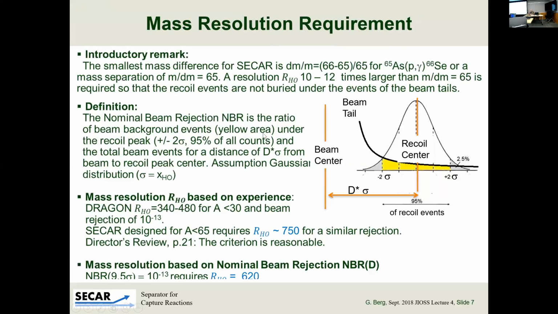Now, I call this nominal beam rejection because nobody thinks that in reality, up to d times sigma, the beam, or the recoils for that matter, would be Gaussian. So it's an artificial definition, and nobody really accepted that as a definition of what really happens. But it's still, for design purposes, a good tool.